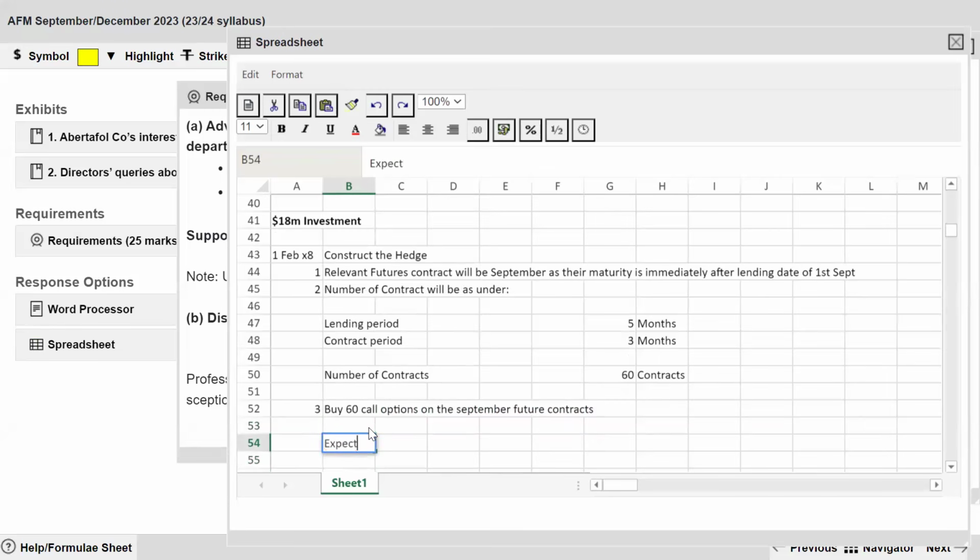The expected net rate using the options will be as under.